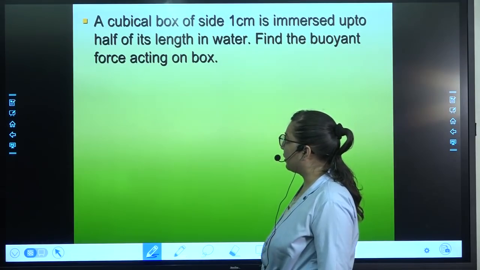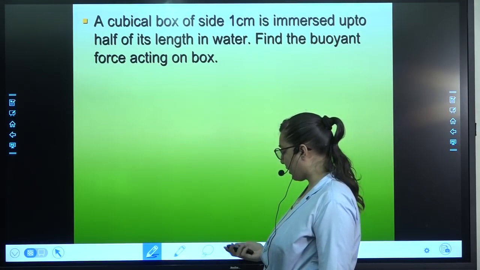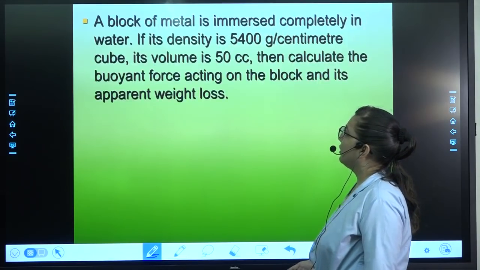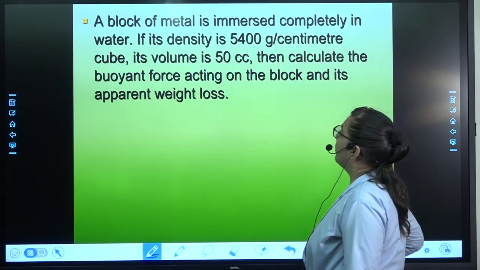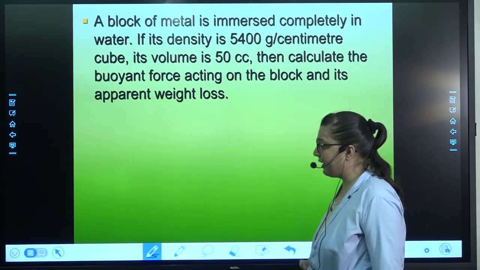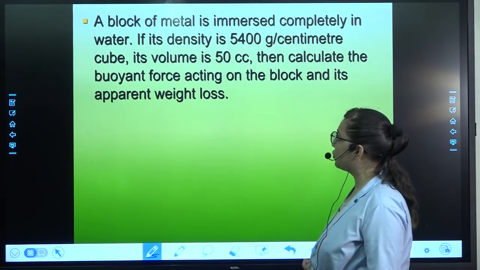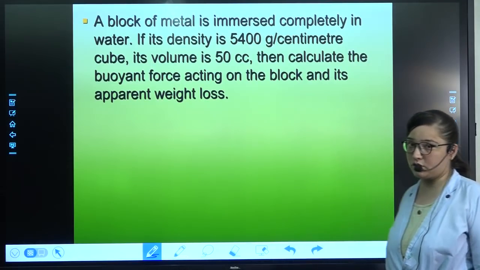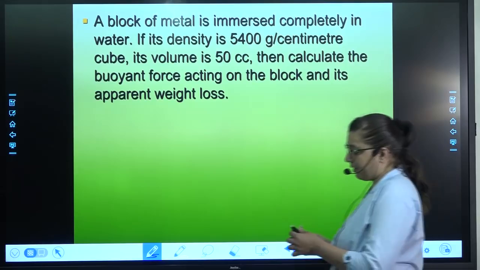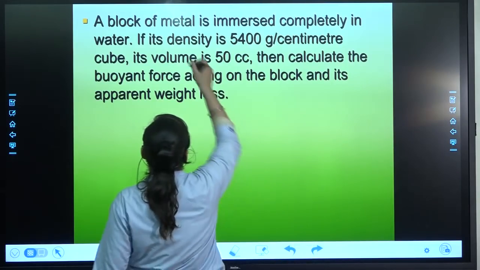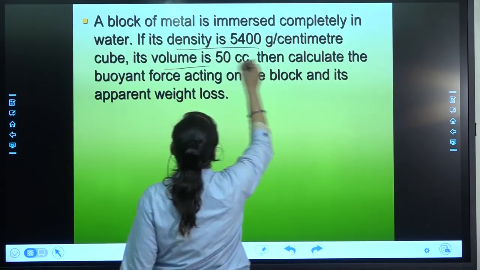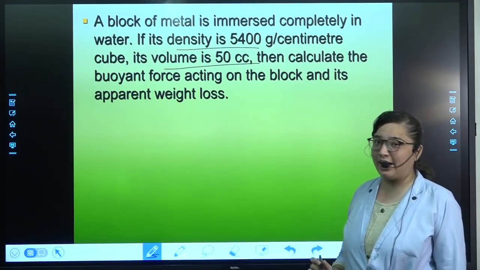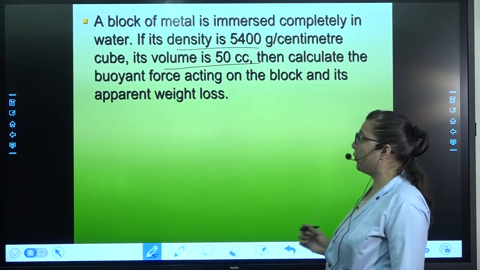Then the next particular numerical. Here we were asked to find out the buoyant force as well as the apparent weight loss. For finding out the apparent weight loss, we used this density and volume. Alright, we calculated first its weight in air by using this density and volume.